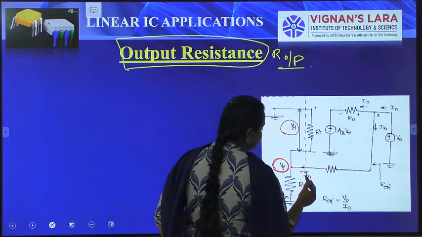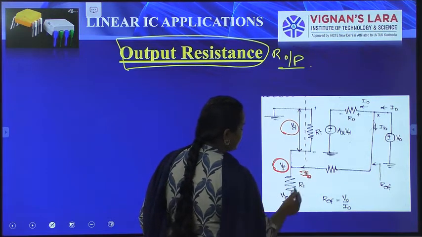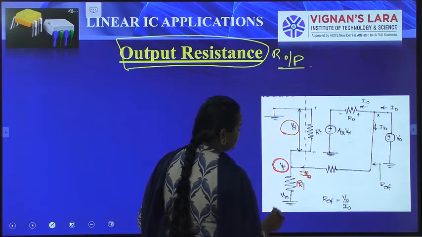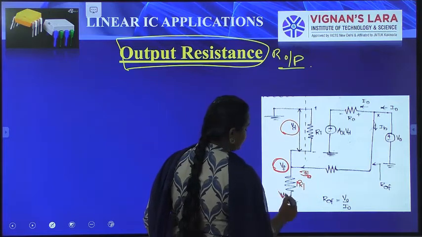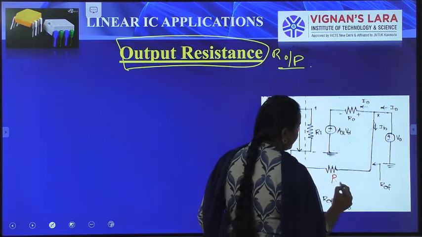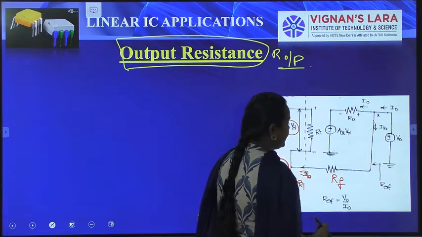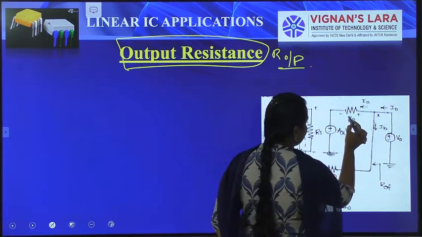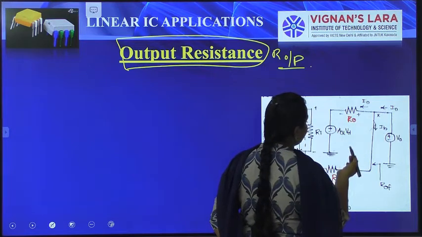IB is the flowing current here, and R1 is a resistor connected across this output. Vin is the input connected here. This is the RF feedback resistor connected at the output, R0 is the output resistance, and AOL-VD is the gain.